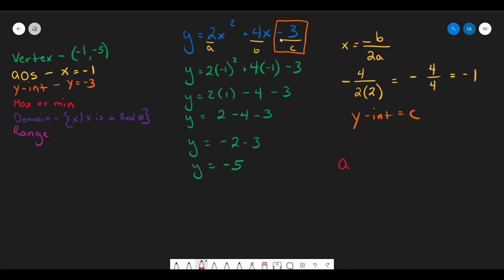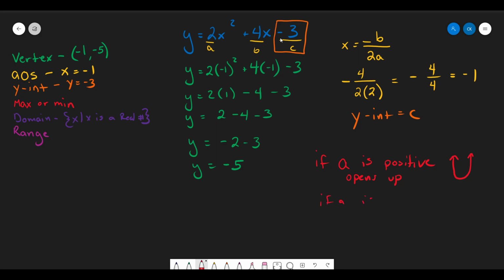Okay? In this case, my A is 2. If A is positive, the parabola opens up. Okay? Meaning it's a U shape like that.